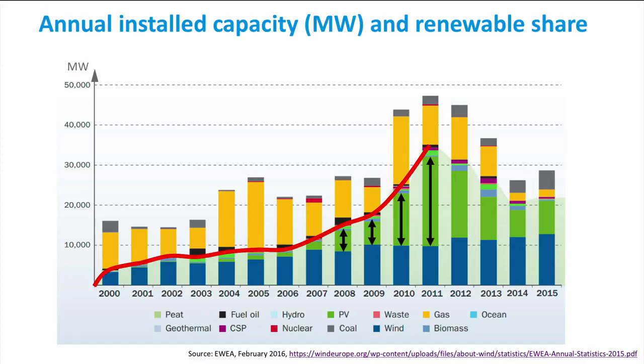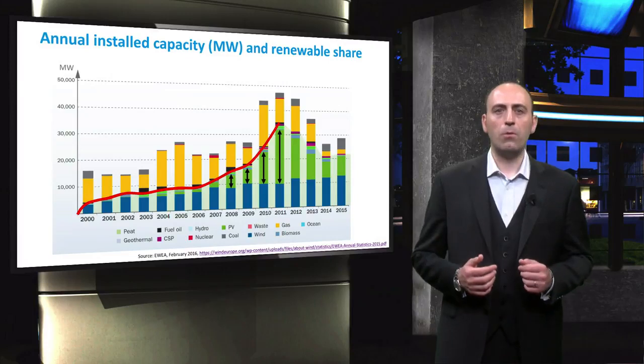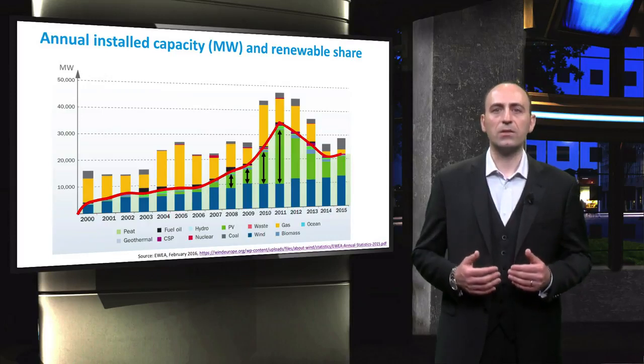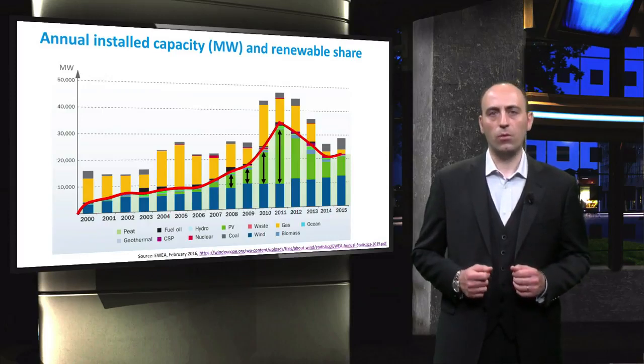The other renewable energy sources, such as biomass, hydro, geothermal, and oceanic, have also been increasing their installed capacity over the past decade, albeit more slowly than wind and solar PV. Europe's power generation capacity continues to move away from fuel oil, coal, nuclear, and gas to a higher share of renewables.